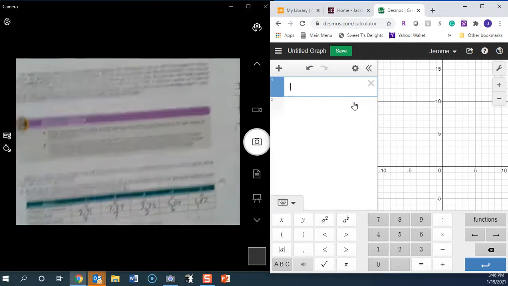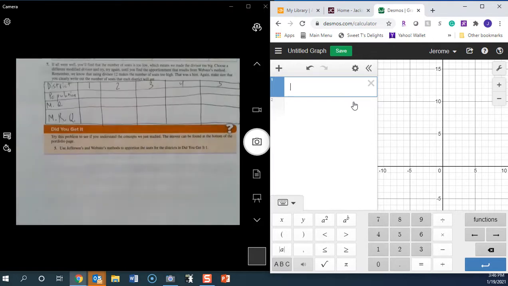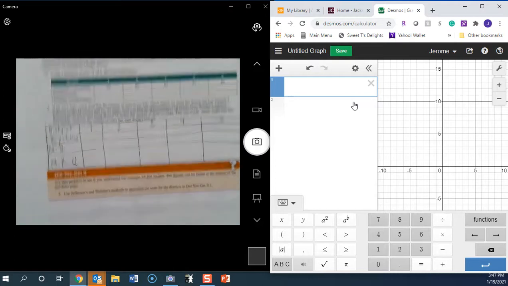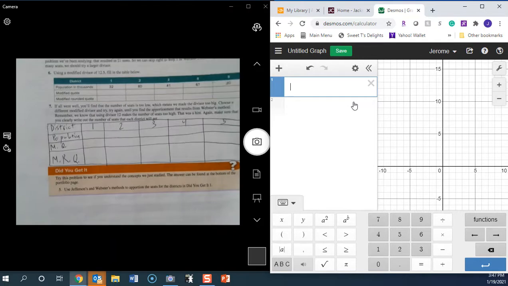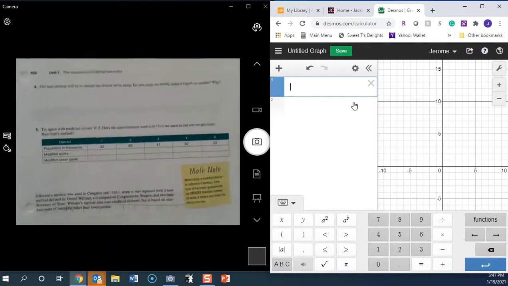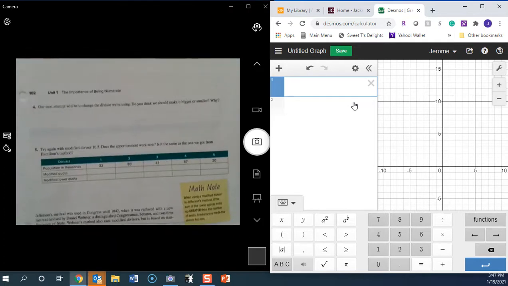Okay, so we're not done yet. We actually have to do some more trial and error with this problem. All right, so with that being said, we come here to the top of the next page. Okay, it says our next attempt will be to change the divisor we're using.